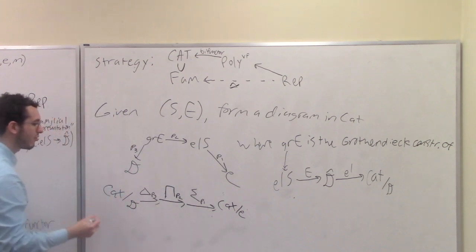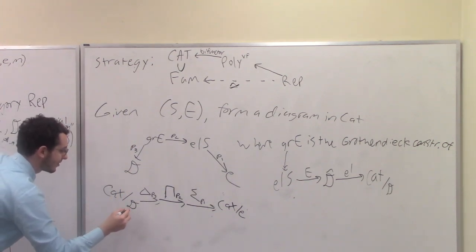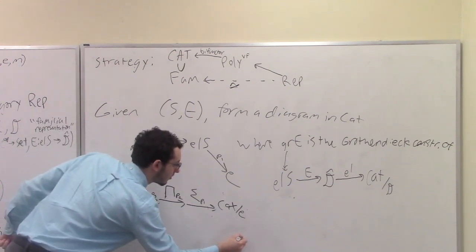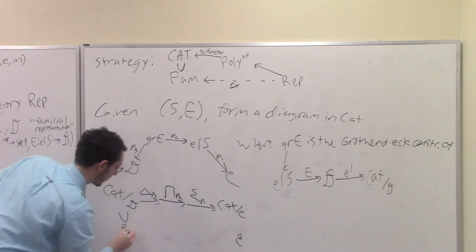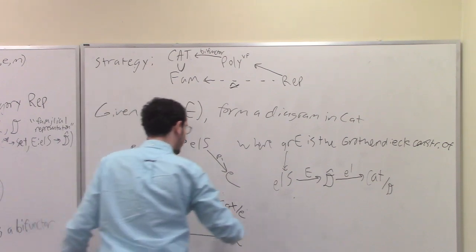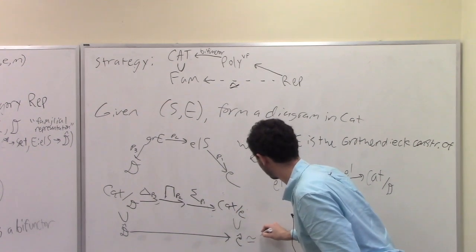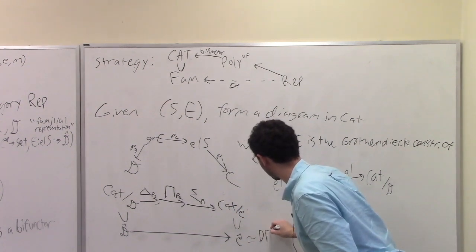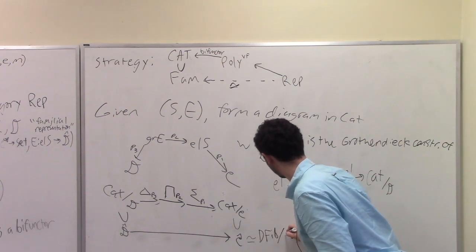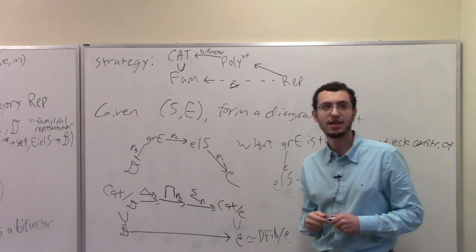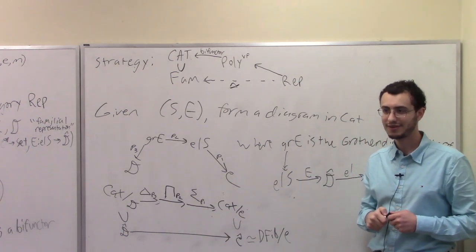This is where polynomials come in, and we can restrict this to a functor between diagram categories using the fact that C hat is a subcategory of cat over C given by discrete fibrations.